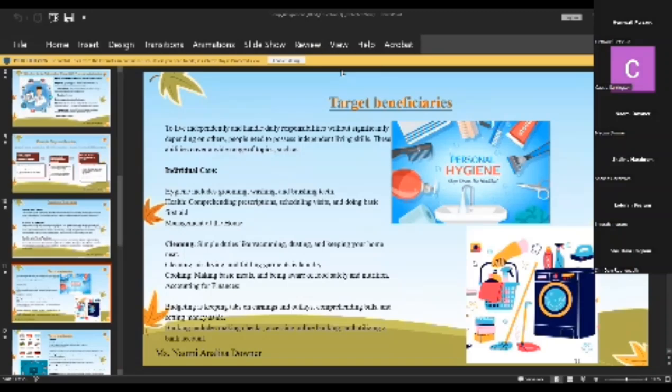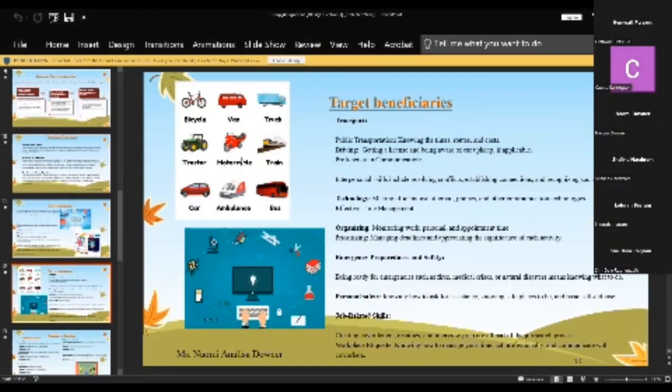Budgeting is keeping tabs on earnings and outlays, comprehending bills, and setting money aside. Banking includes writing checks, accessing online banking, and utilizing a bank account. Target beneficiaries include transportation, technology, and organizing, emergency preparedness and safety.